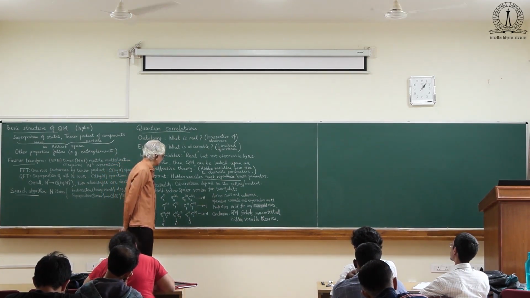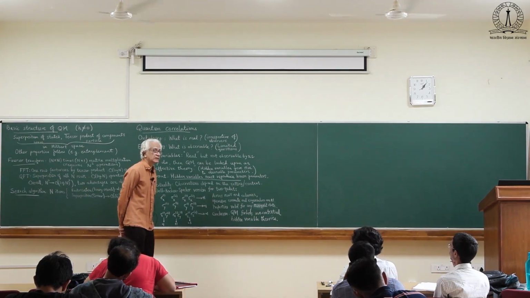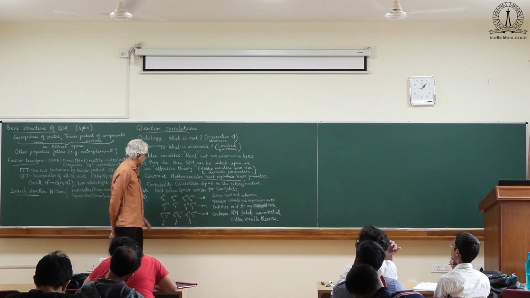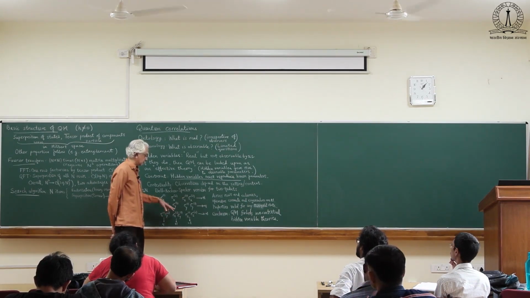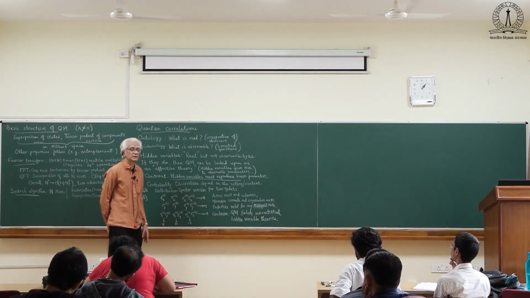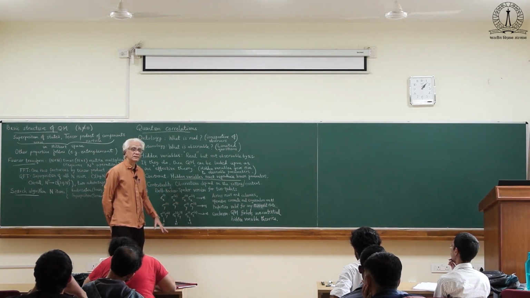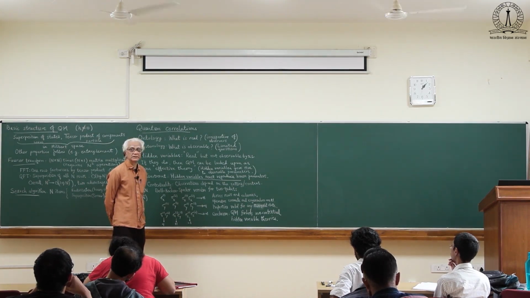The context in which you are performing the measurement plays a role. You have to specify it, and that context is like I'm observing the operators of the first row, or the second row, or the third row. That is the context. Once I have done that, I have no right to specify the other objects which are not commuting with it.